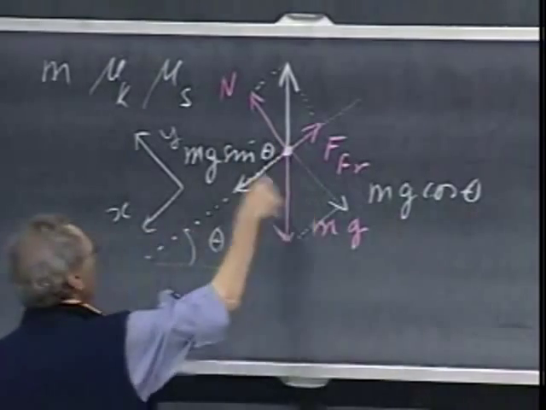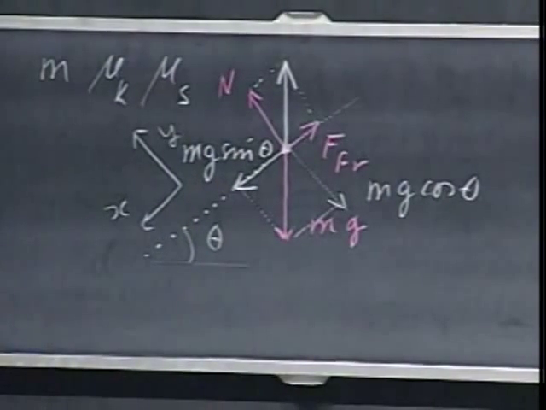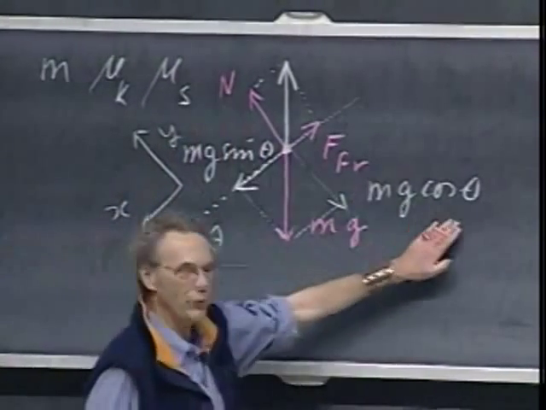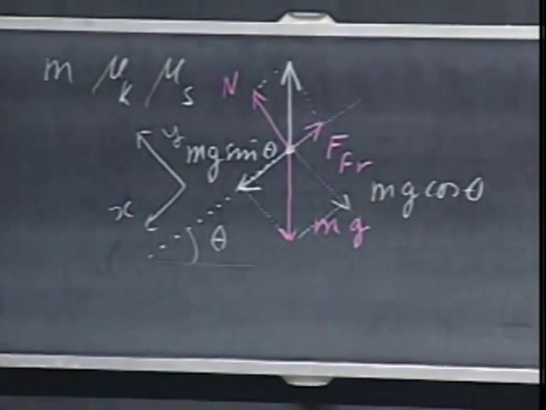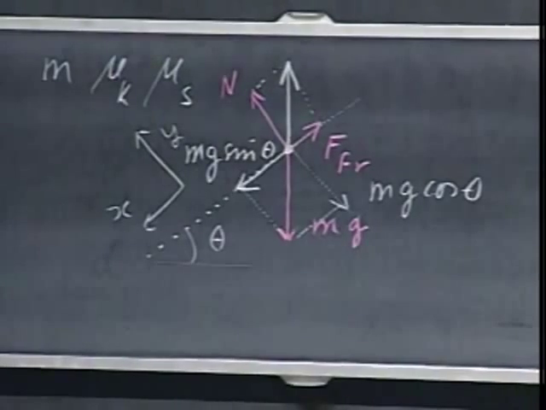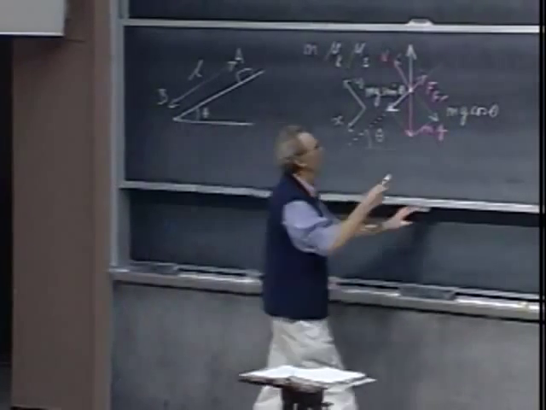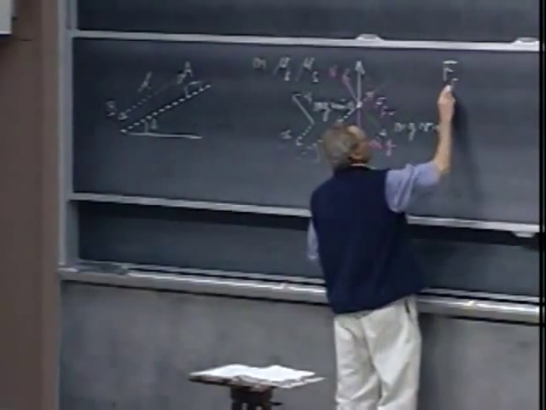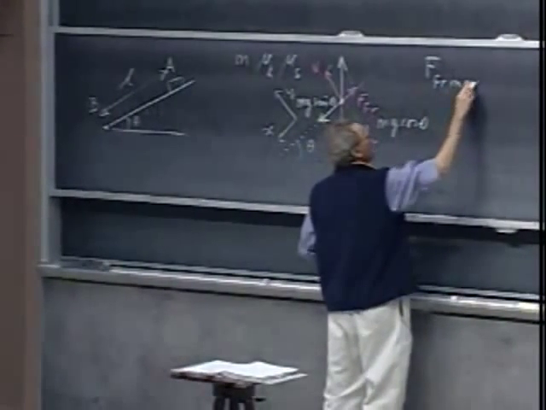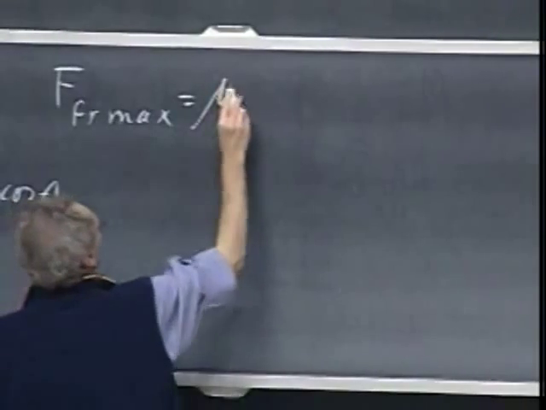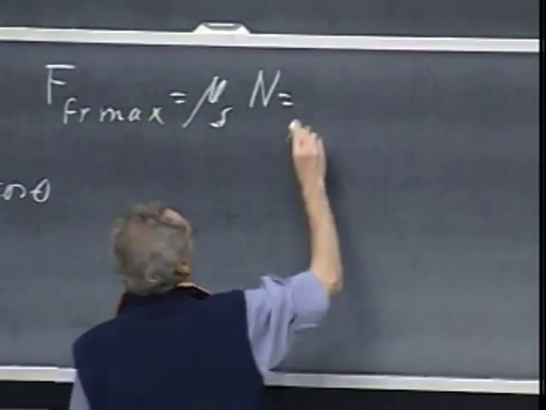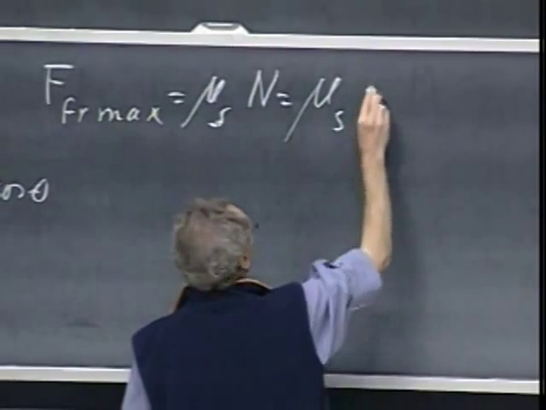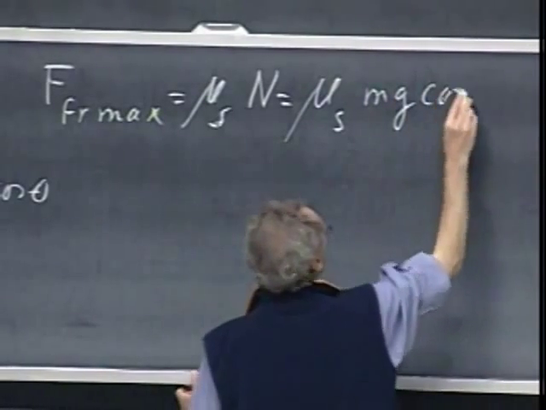Since there is no acceleration in the y direction, the normal force must also be mg cosine theta. I lifted up the incline to the point that it is just about to start sliding, and so that means that the frictional force is at the maximum value possible, which is the static friction coefficient times N, and therefore that is mu s times mg times the cosine of theta.